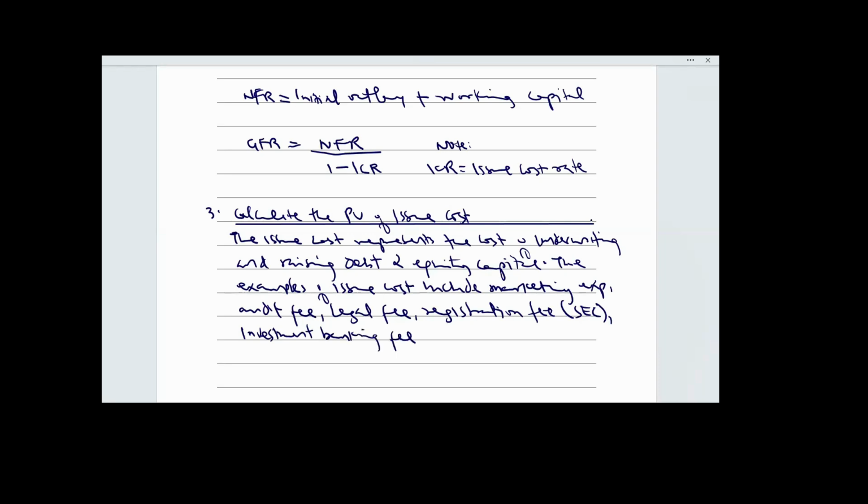Now, let me explain some of the issue costs. When a company wants to raise capital, say, for example, you want to go public, initial public offer, the company needs funds, and that's why the company is going public to raise the finance required.